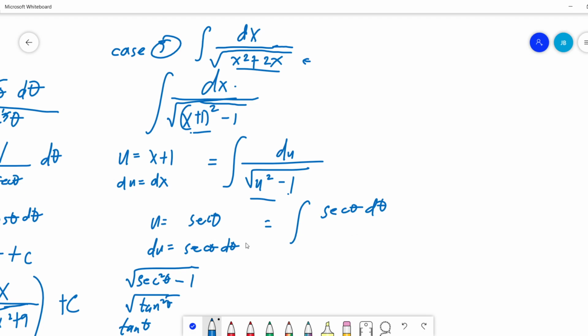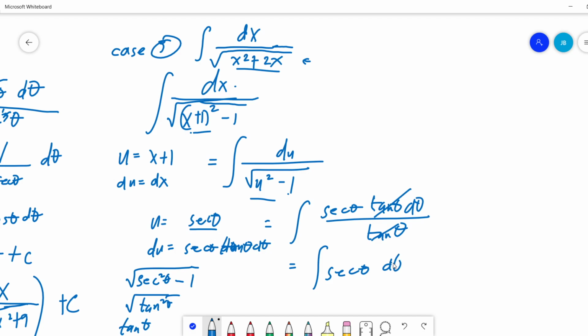Oops, I forgot du should have tan theta d theta. Sorry. So therefore, this should be secant theta tan theta d theta all over tan theta. Once again, this is sec theta tan theta because the derivative of secant is secant theta tan theta. Therefore, we can cancel. So what's left would be secant theta d theta.